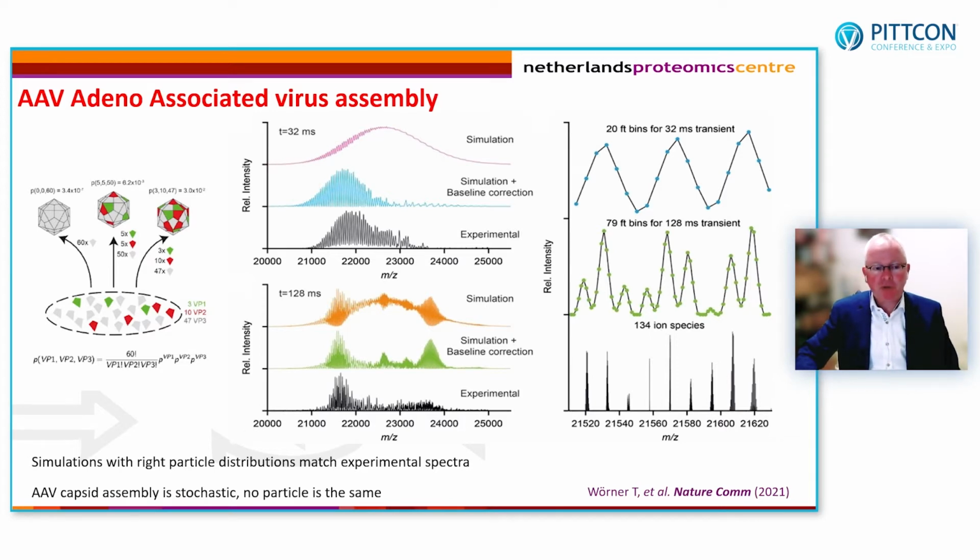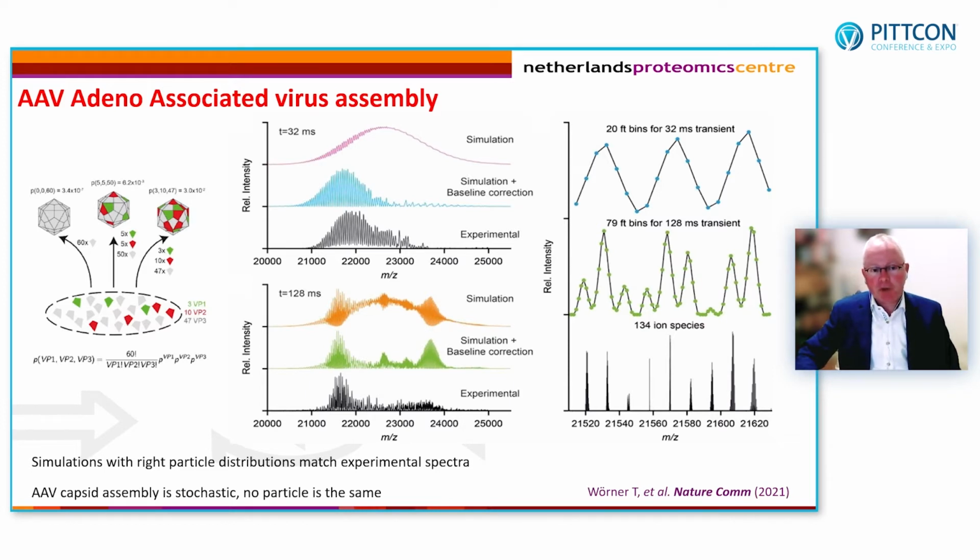There's a probability that I get 5 VP1s, 5 VP2s, and 55 VP3s, and etc., etc. Now, if you know the initial concentrations of VP1, VP2, VP3, it's like taking different colored balls out of a big jar. You can actually calculate what the probability is for every stoichiometry.